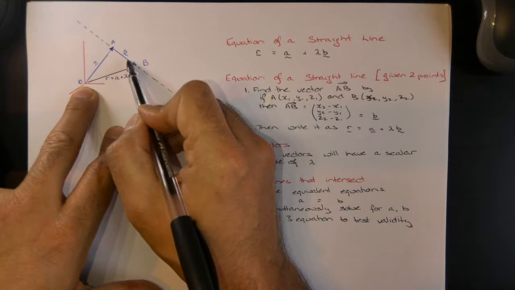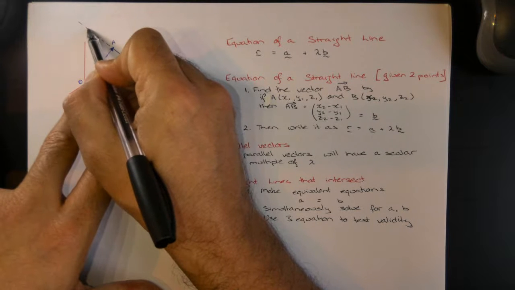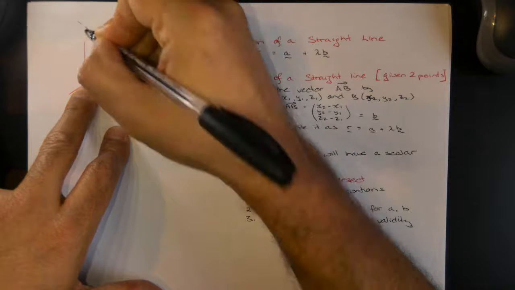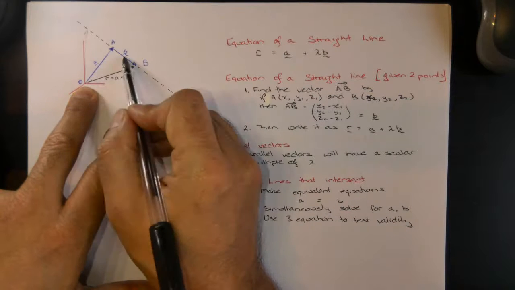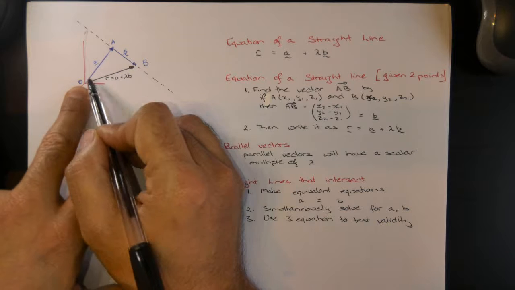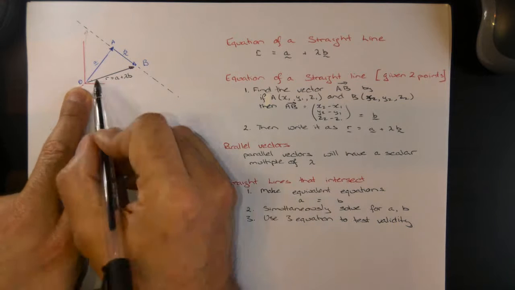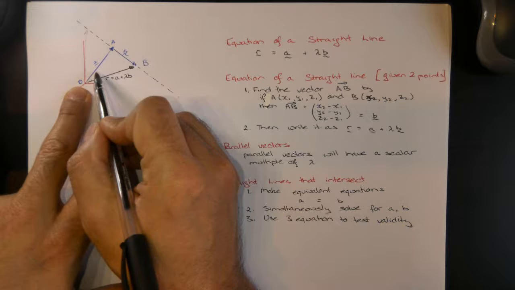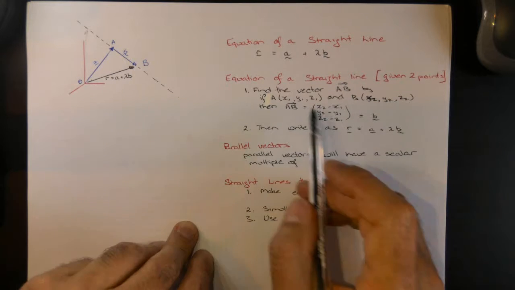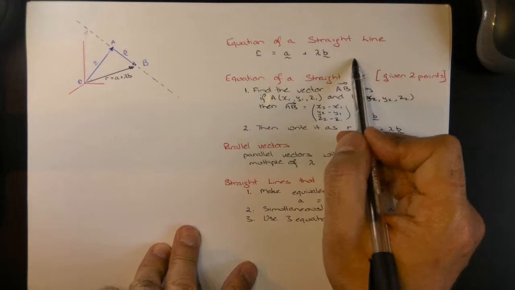If lambda was negative 1, the new point will be somewhere here. If lambda was between 0 and 1, it would be between these points. But if lambda was greater than 1, it would be to the right of B. So the equation of the line will point to all points on this line. Let me write it as r equals vector A plus lambda vector B.